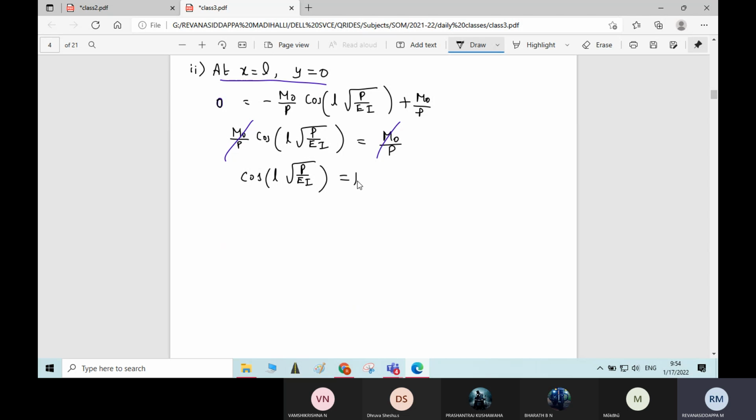1. When will you get the cos function as 1?